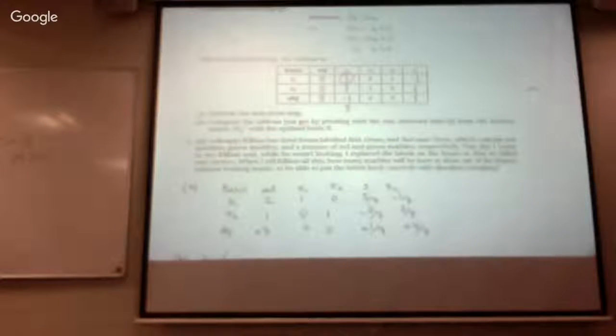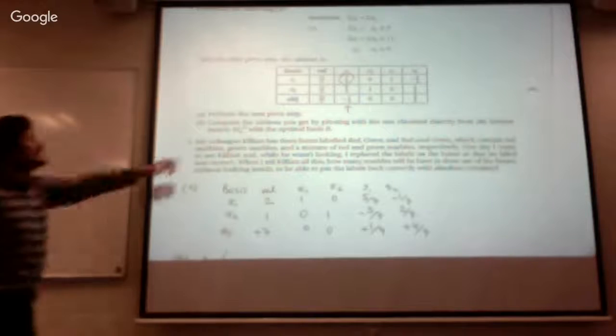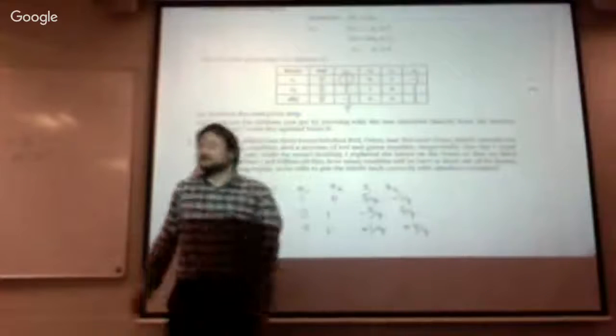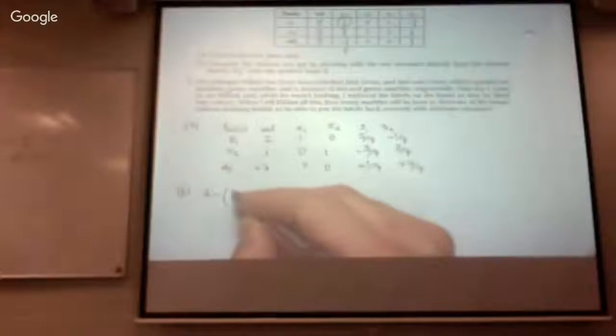So the coefficients you can see are 2, 1, 3, 5 in the linear inequalities. That's 2, 1, 3, 5.